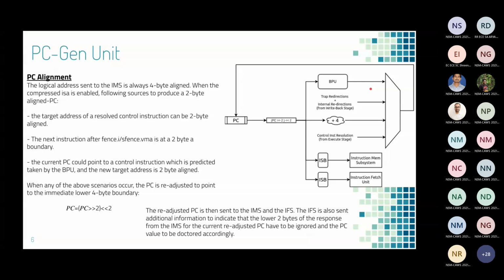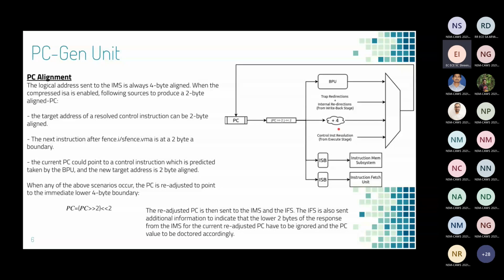So if the branch predictor can indicate with a high amount of confidence that, hey, your current PC value is 1000, but the next one has to be 2000, it should not be 1004, then that becomes your new PC, right? So those are the four sources of the program counter. You either have the branch predictor, or a redirection happening because of traps, or you simply increment by 4 in the default case, or there is a control instruction redirection happening from the execute stage.